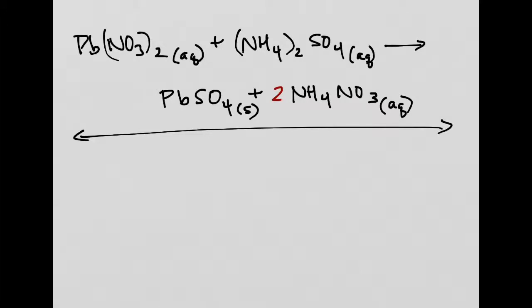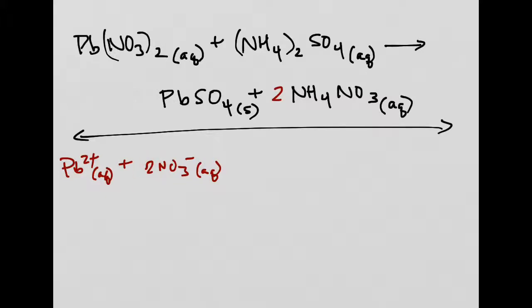Because when you're doing a complete ionic equation, you have to blow apart, you have to ionize all the things that you have in this equation. So instead of Pb(NO3)2, you have Pb2+ aq plus 2 NO3 minus aq. And I got that 2 because of the subscript of 2 here, which gets converted into a coefficient of 2 when you blow it apart.